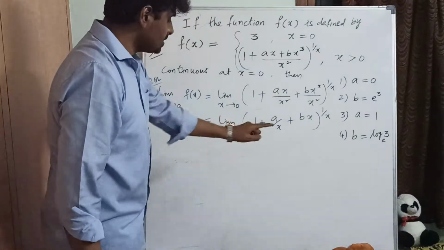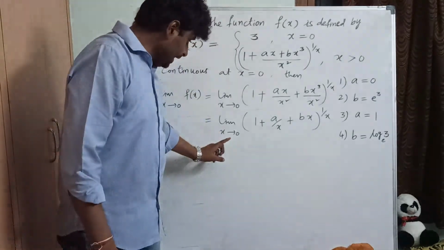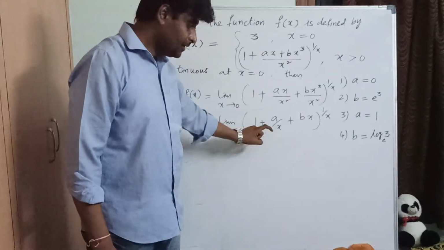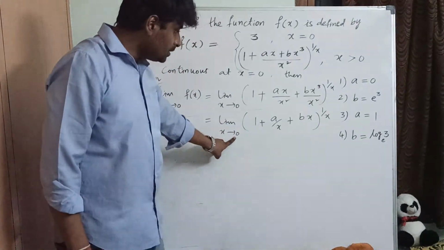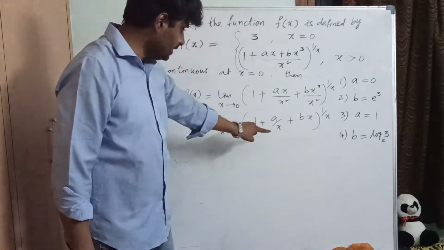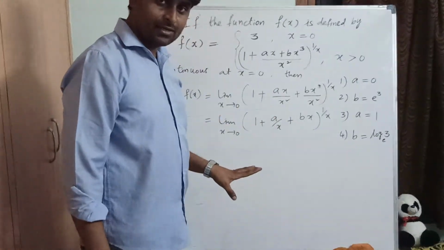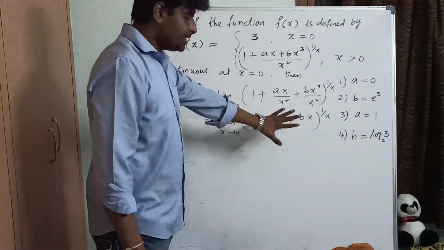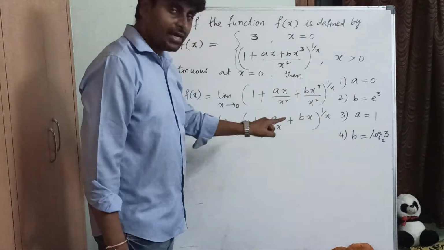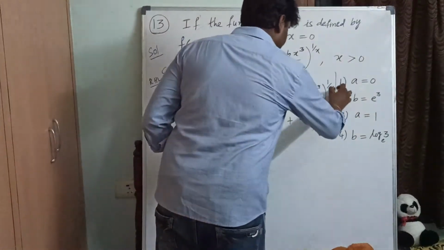If you observe this term, for this function to exist, whenever x tends to 0, there should not be a something-by-x term, correct? Whenever x tends to 0, a something-by-x term leads to undefined. So for this function to exist, this term should be eliminated, this term must be 0. Okay, so that's what I can write there.